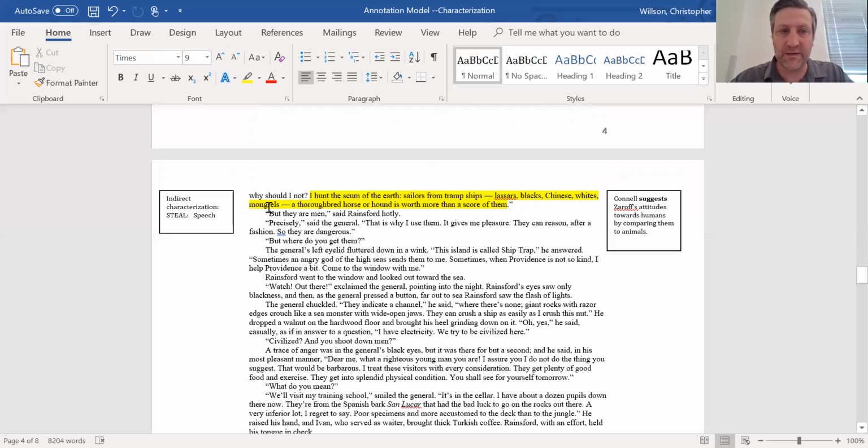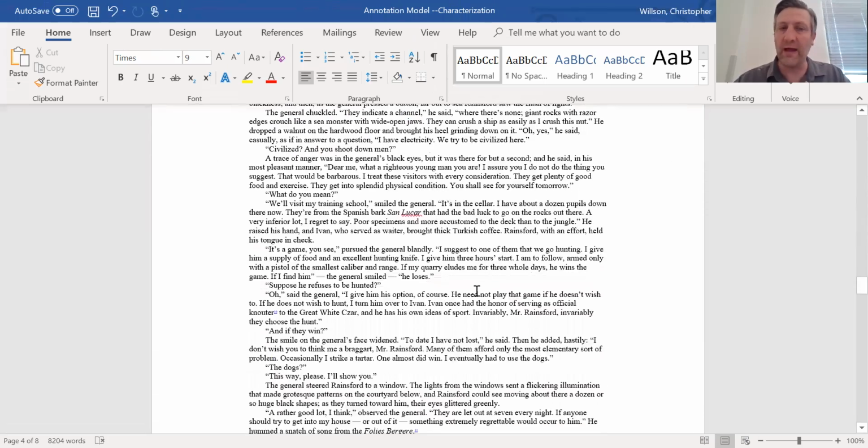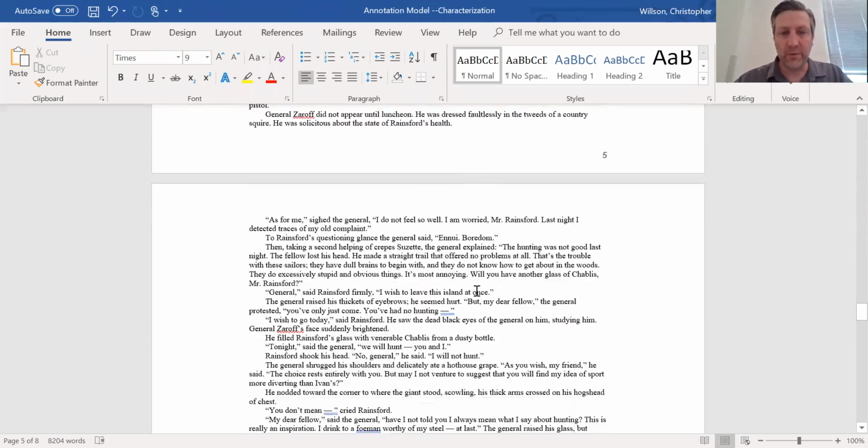He uses some racist language in the word mongrels, but overall, if he feels like you're not worth much, you're the scum of the earth and worth hunting. We learn that through his words. So again, the author is deepening Zaroff's character here by letting us know what his overall attitude is toward humans.